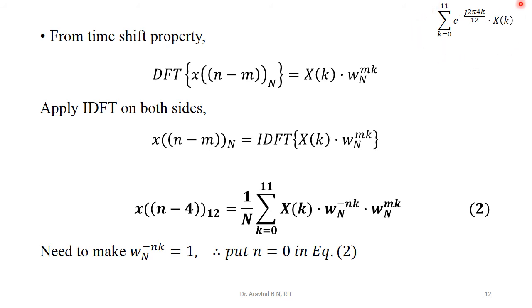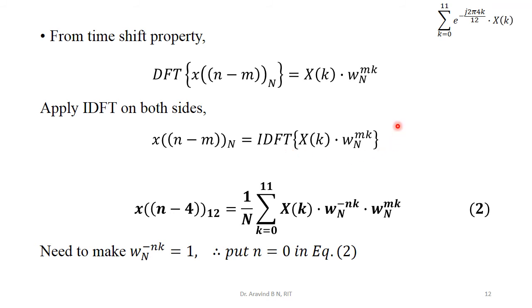Calculate the value of this particular expression. If we compare this expression with any of these, it is not matching in a straightforward manner. So what we have to do is take this one step further and expand this IDFT realization.